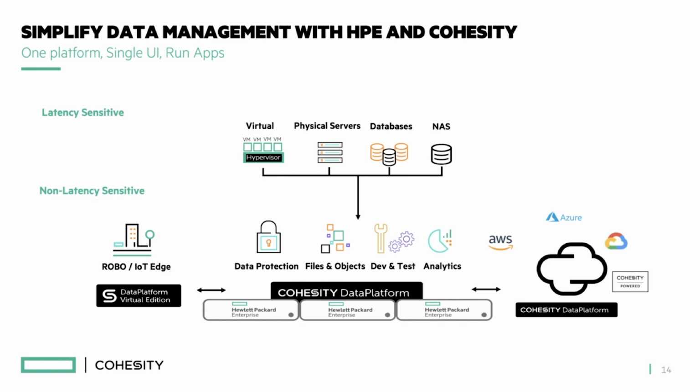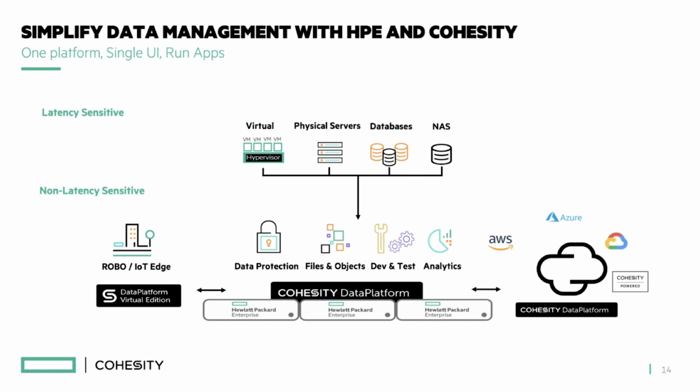With this, you are able to leverage your backup and unstructured data to do more than just be an expensive insurance policy. You're able to leverage it for various other uses like agile dev test, analytics, and so on. And you only have to manage all of this through a single Cohesity user interface so that you have visibility of all of your non-latency sensitive data across the core data center, edge, and cloud.